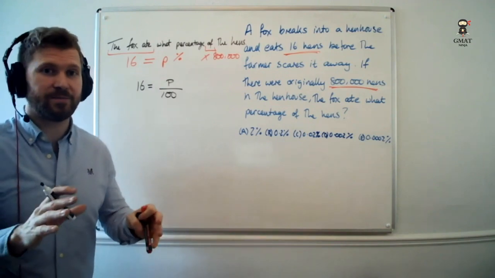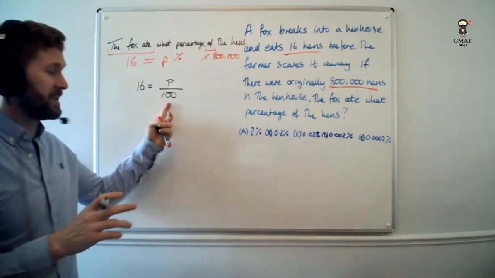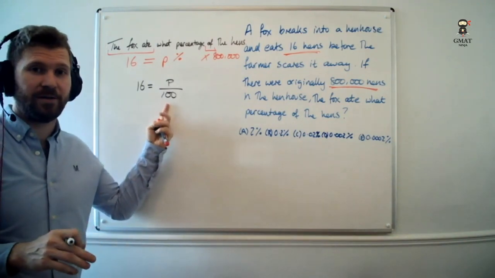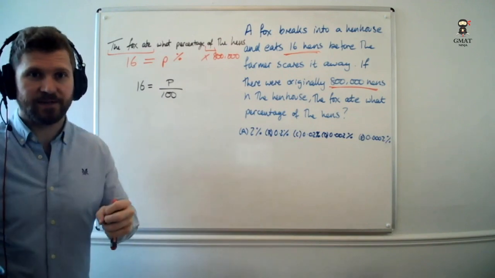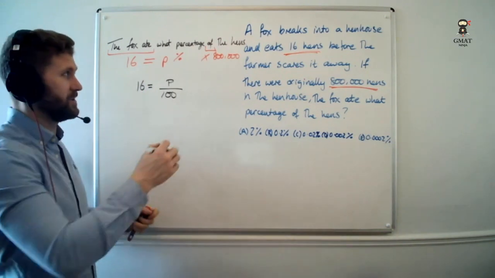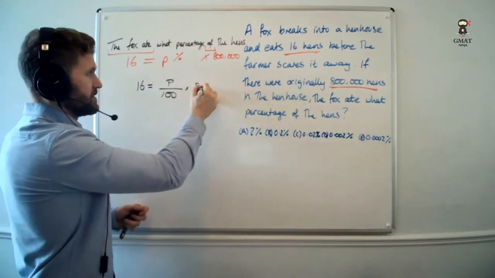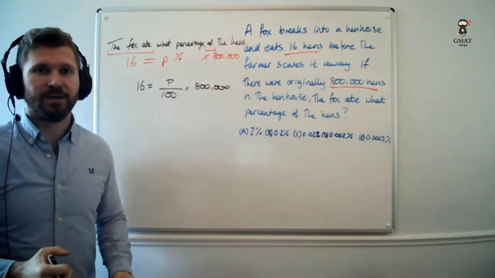Everything else they do is absolutely spot on. The algebra's fine, the understanding of the concept's fine. They just forget to put something over 100, and that ruins the solution. So whenever you see P%, that is another way of saying P divided by 100 when you're converting that into algebra. Then we've got our times 800,000 on the end, and now I've got an equation.